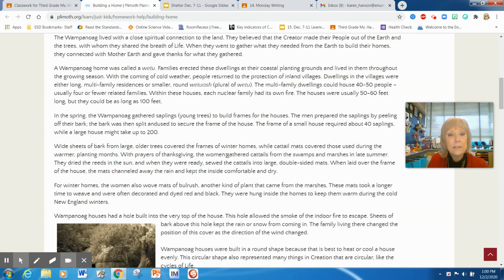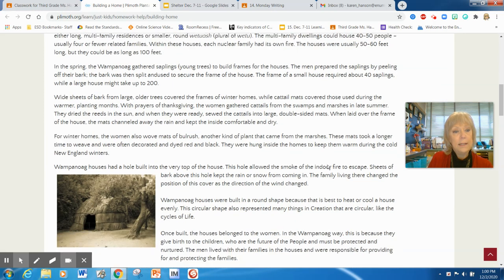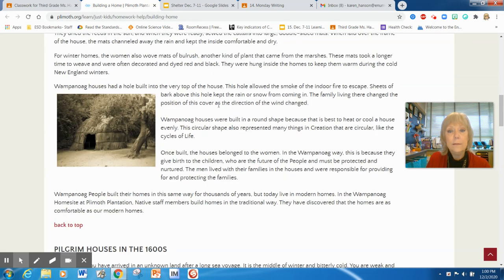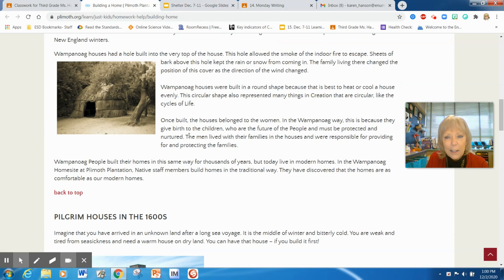Okay, see, here's where the women gathered cattails from the swamps, and they later would dry them out, and they'd use them to make double-sided mats when laid over the frame houses. So it looks like they were gathering leaves and things like that. Let's see what else here.